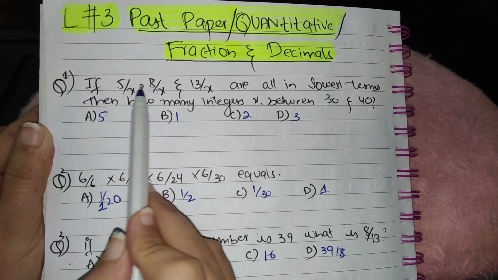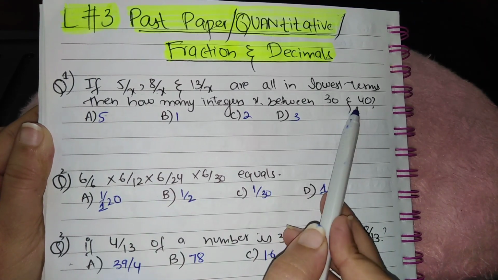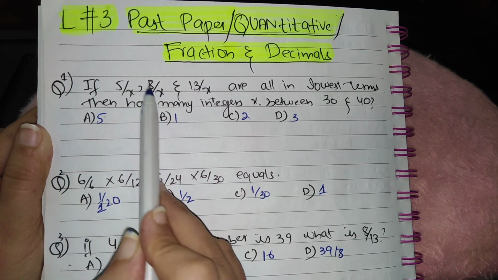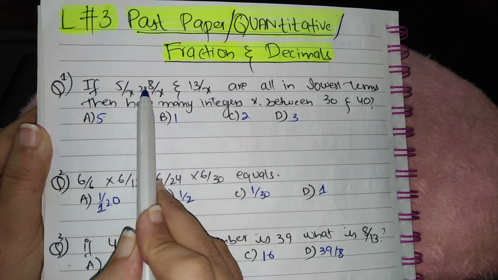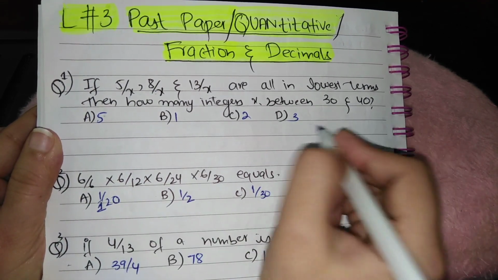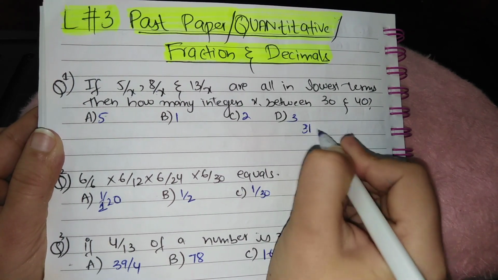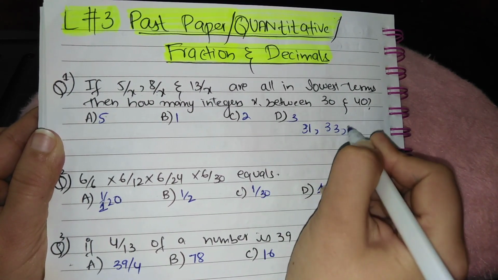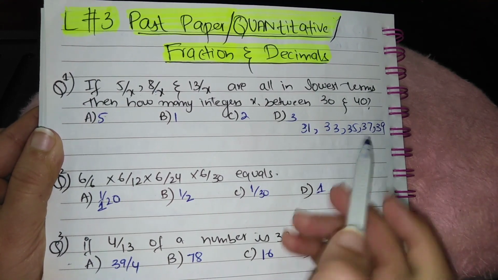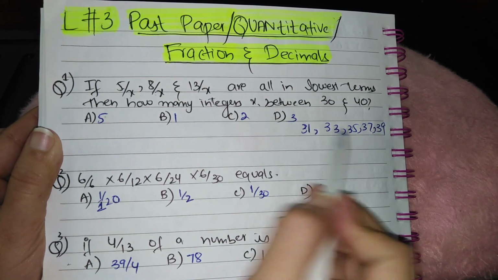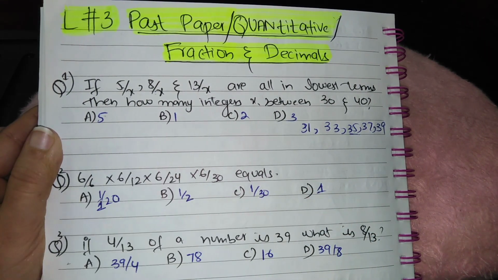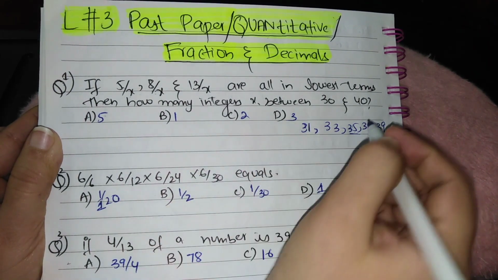See, if these terms are divided by even numbers from 30 to 40, 8 is an even number, so that will be cancelled by 2. So this will not be in the lowest term. So we will neglect even numbers from 30 to 40. The remaining numbers will be odd numbers: 31, 33, 35, 37 and 39. If 5 divides 35, there will be cancellation, so we will neglect 35.